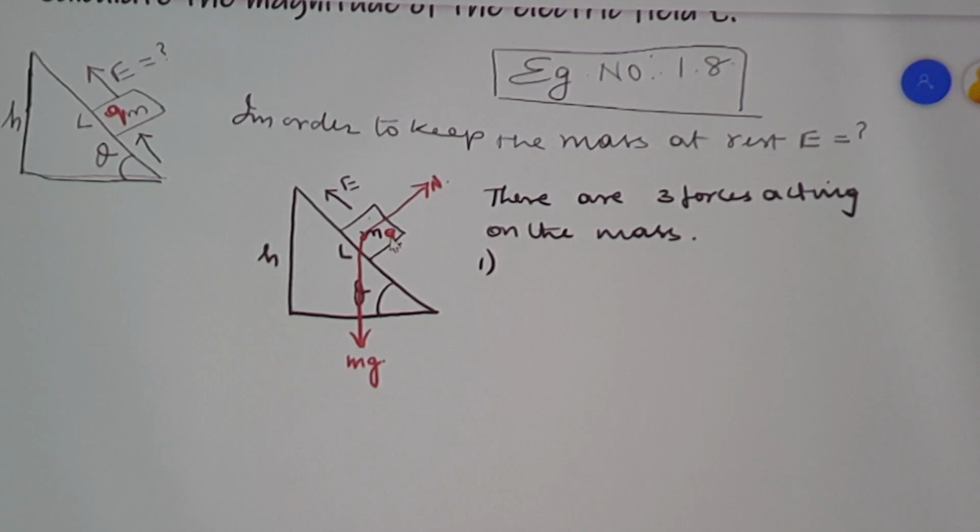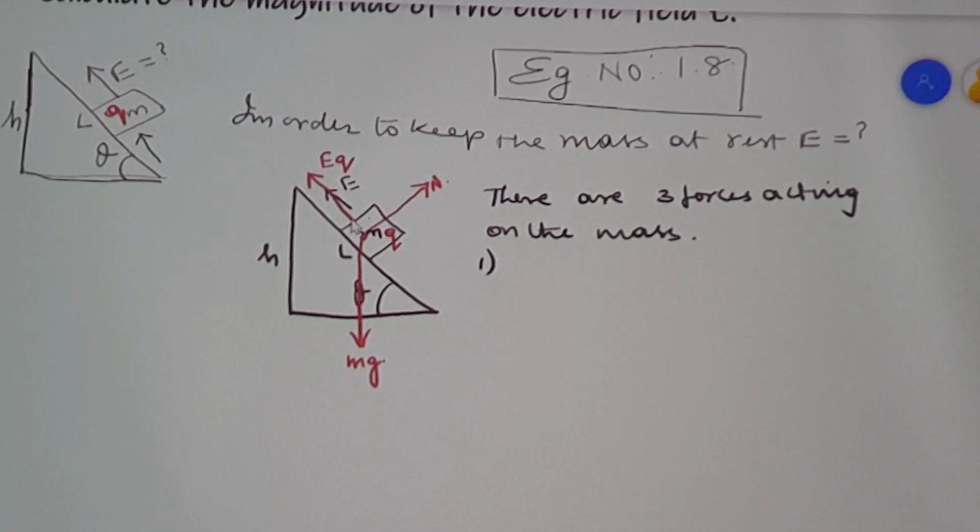So the charge will be experiencing a force inside this electrical field, and the force experienced by the charge, we can write it out as E into Q. As we know, E is equal to F by Q, so F is equal to E into Q, acting in the same direction as that of the electrical field.